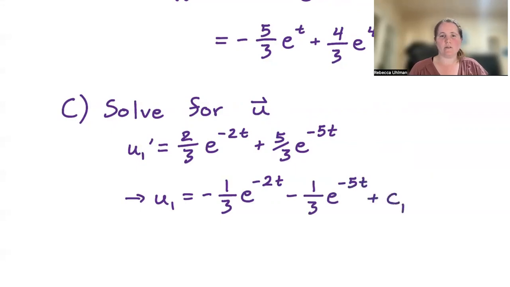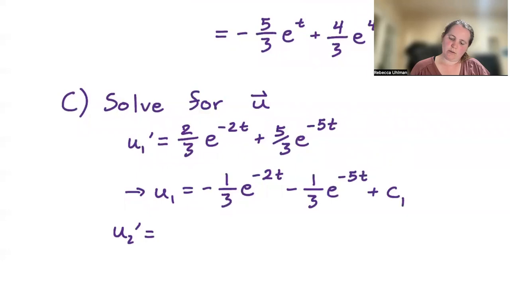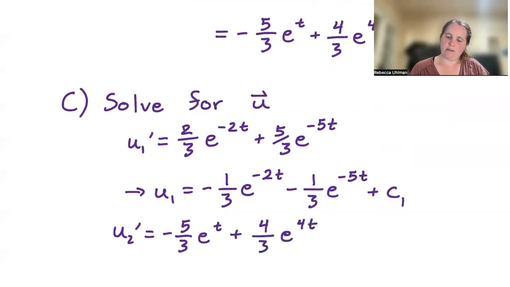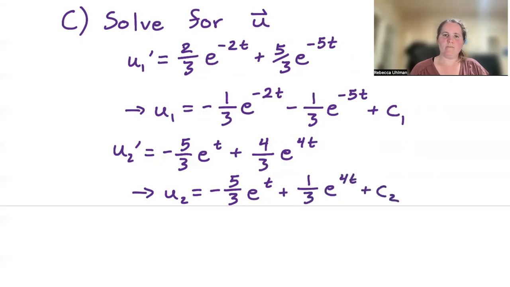Again, taking the integral here, u2 prime was equal to negative 5/3 e to the t plus 4/3 e to the 4t. So we get that u2 should be equal to negative 5/3 e to the t plus 1/3 e to the 4t plus c2.